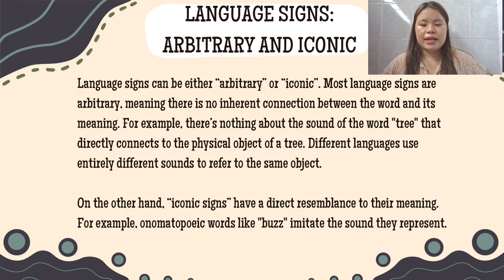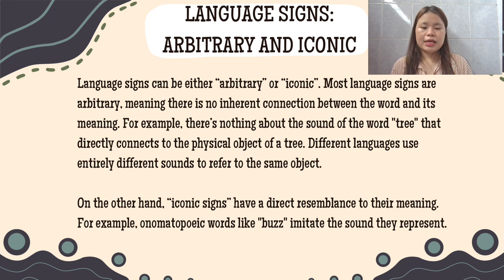Okay, and next I will talk about language signs, which are arbitrary and iconic. Language signs can be either arbitrary or iconic. Most language signs are arbitrary, meaning there is no inherent connection between the word and its meaning.